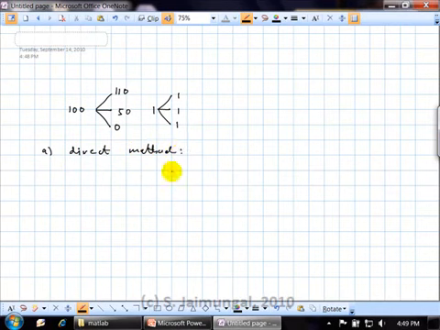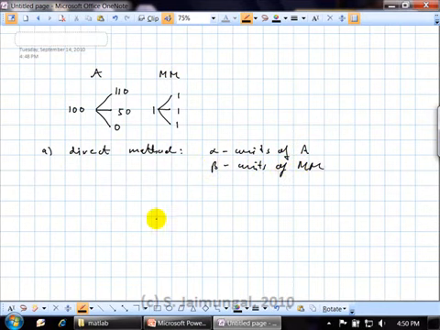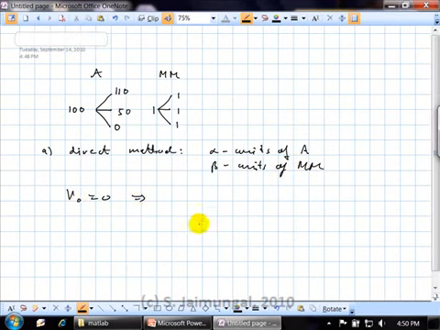So the direct method means choose alpha units of, so this is asset A, and this again is our money market, okay? We're going to choose beta of the money market. And in order for us to have V0 equals 0, what must alpha and beta be chosen as? Clearly, beta must be minus 100 alpha. Do you agree? Otherwise, V0 wouldn't be 0.